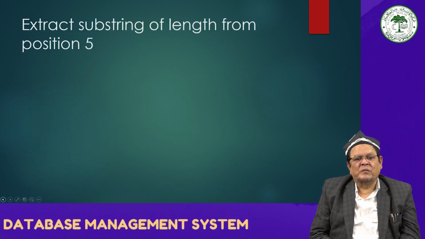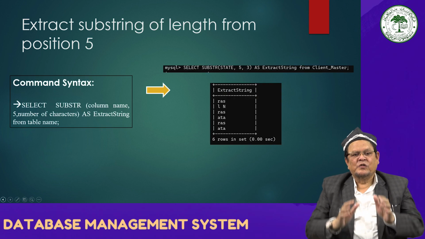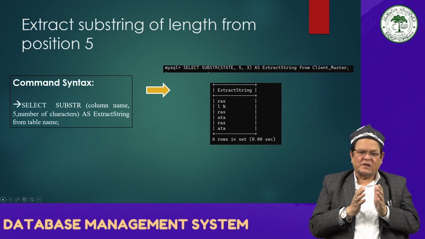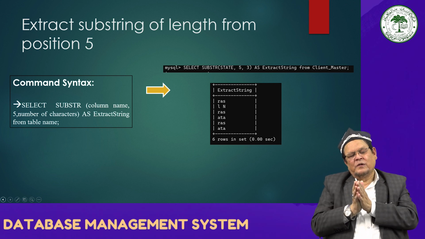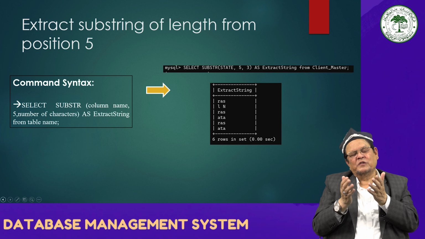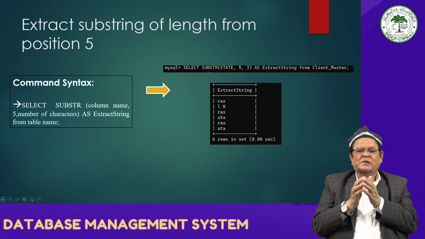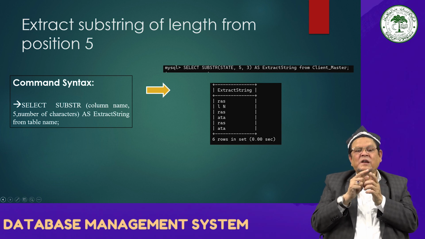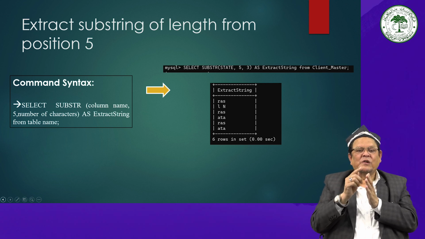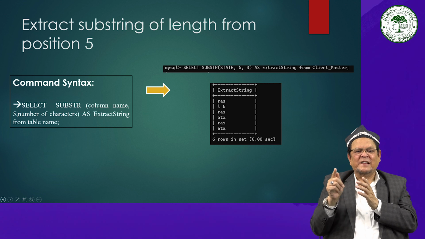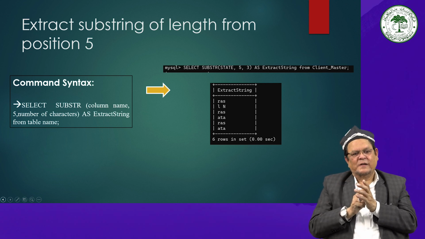Extract a substring of some length from position 5. Suppose I want to extract a substring from the 5th position. I am taking an example of database. From the 5th position, it will display only BASE.